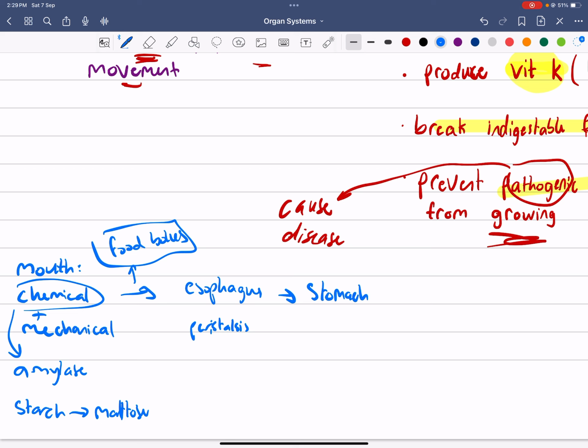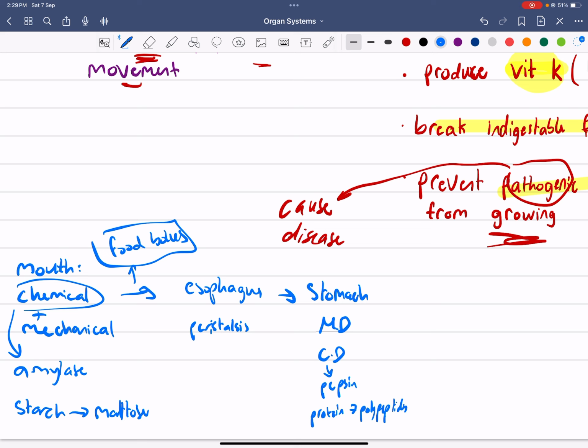And then in the stomach, we also have mechanical digestion, MD, and chemical digestion, CD. So chemical digestion was of proteins, as we had the enzyme pepsin, which broke down proteins into polypeptides.